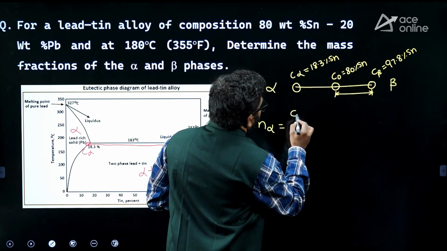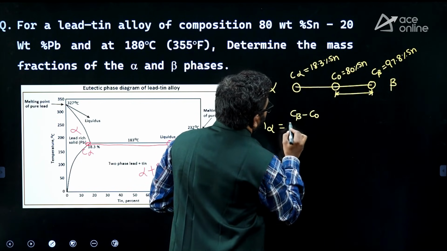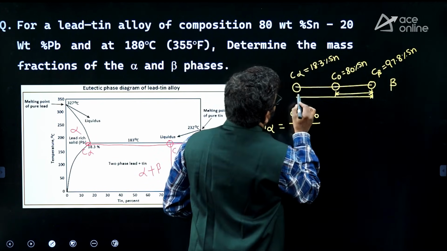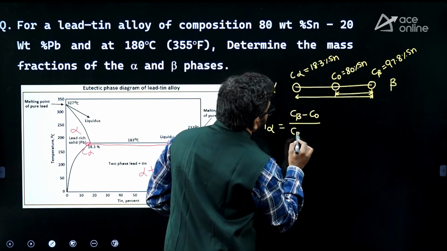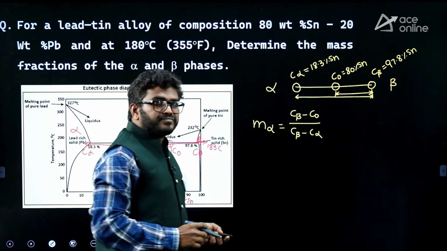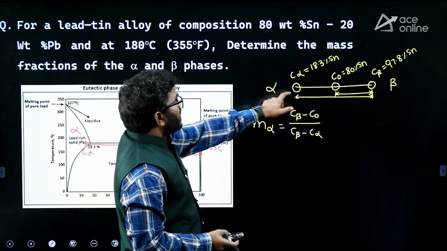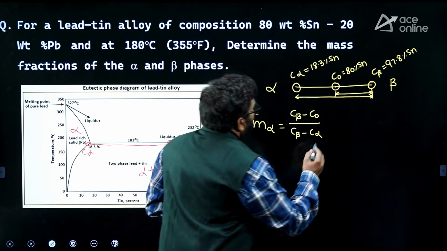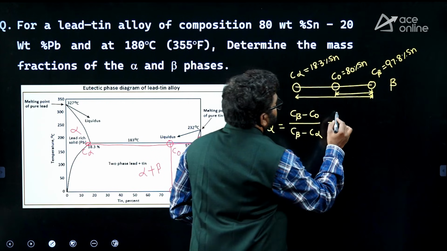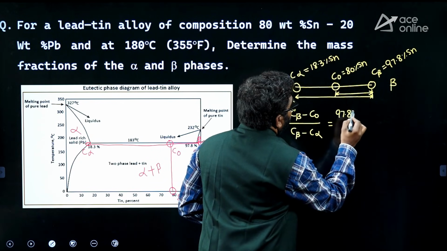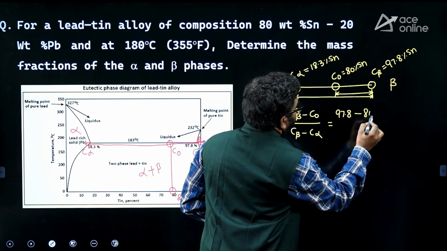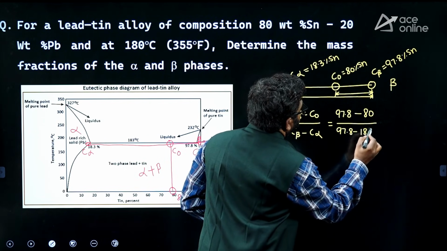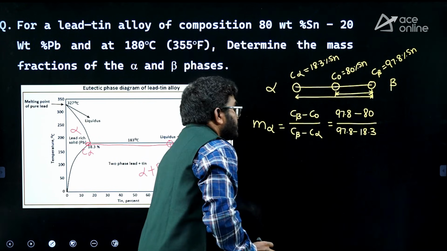C beta minus C naught, divided by the total length of the line, which is C beta minus C alpha. Simple. Now, C beta is 97.8 minus 80, divided by 97.8 minus 18.3. So, what is the answer here?